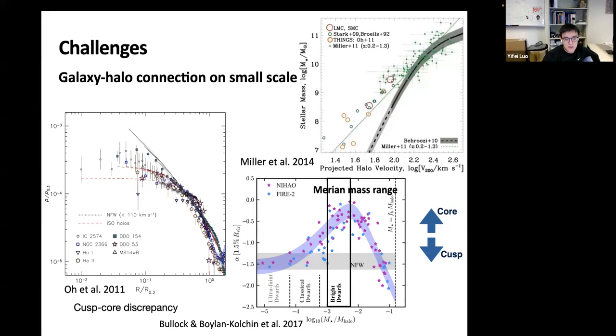The largest discrepancy is around 10^8 to 10^9 solar masses. That's the Merian mass range that we are probing. That's one of the reasons why we are interested in those dwarf galaxies, because their halo properties, observed versus simulated, are different.